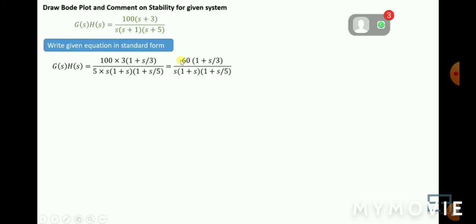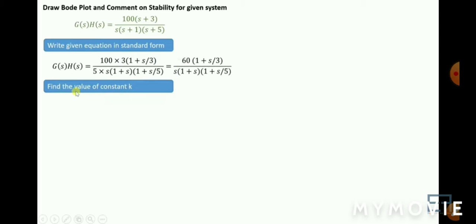After cancelling we get 60 into (1 plus s by 3) divided by s(1 plus s)(1 plus s by 5). So, this is the time constant form.